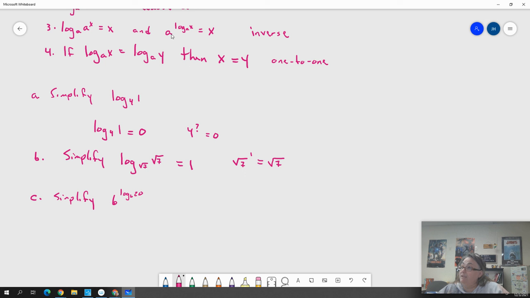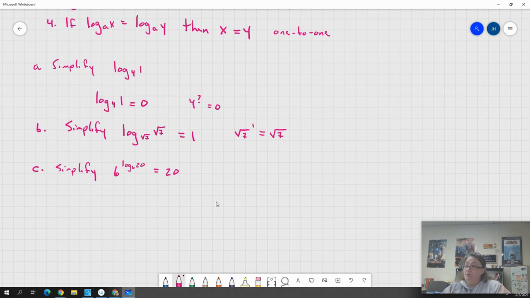It's just our A is 6 in both of these, and our x is 20. What does it say it equals? It's already done. Look at the problem up here. We have A raised to log base A of x equals x. So in this case, yeah, it equals 20. Right? So that's done. Yeah, that's it. See, there's not a lot of work. That's why I say you should have your properties open when you guys are doing these.